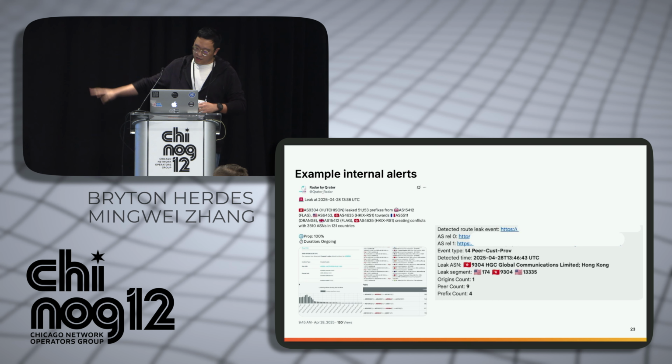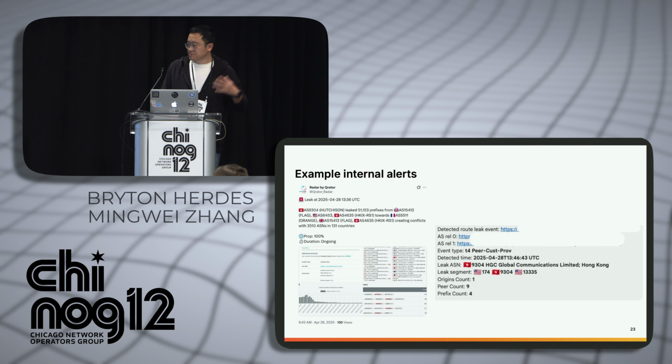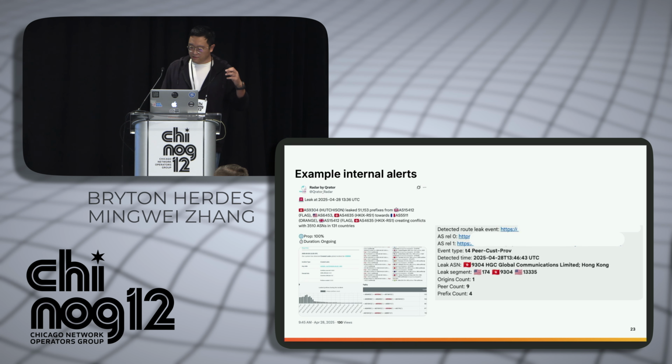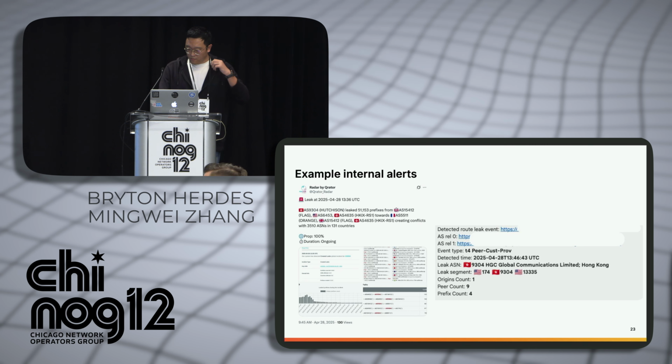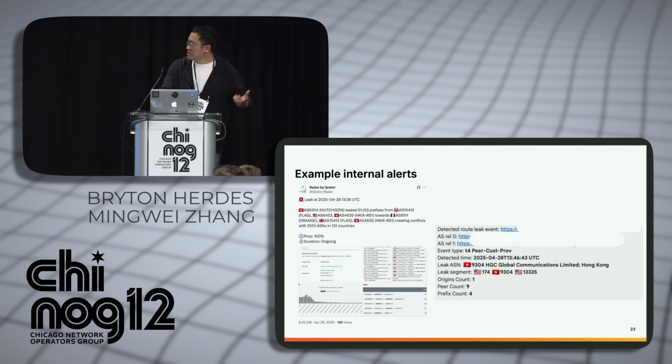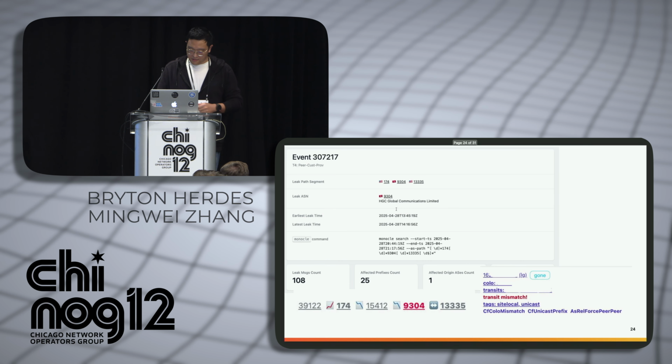We have an internal Hangouts group that sends us messages as soon as we detect any leaks that are relevant to us. We start giving out more information, like how many of the origins are affected, how many of the peers are affected, and how many of the prefixes are affected.